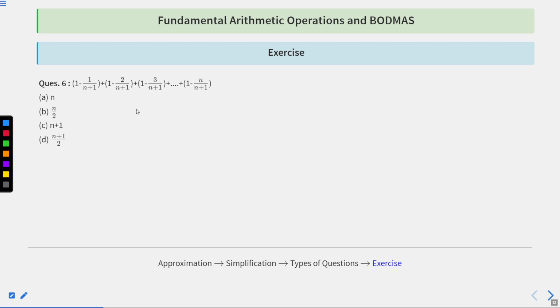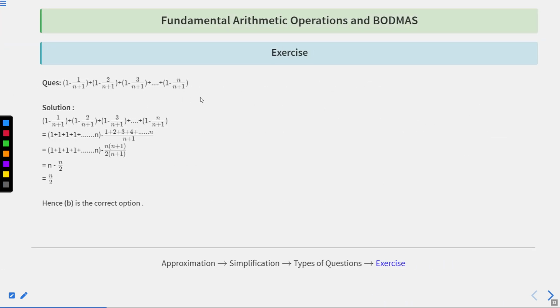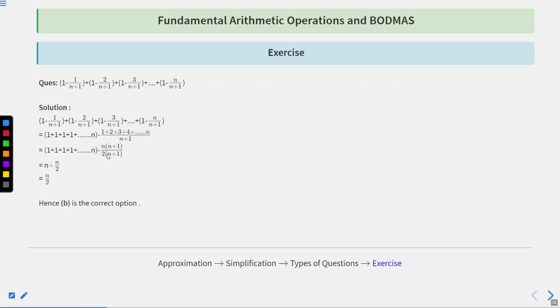Now, question number 6. 1 minus 1 upon n plus 1, plus 1 minus 2 upon n plus 1, plus 1 minus 3 upon n plus 1, plus dot dot dot, plus 1 minus n upon n plus 1. So we have to find the value of this expression. If you see, 1 is repeating everywhere.